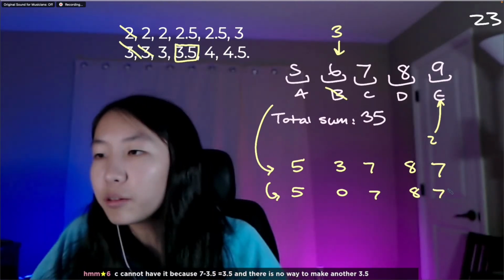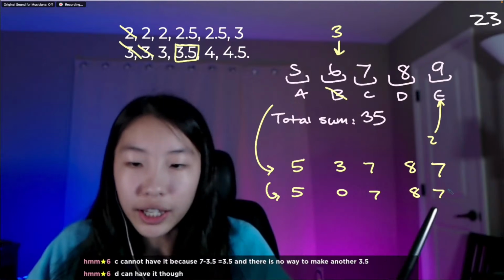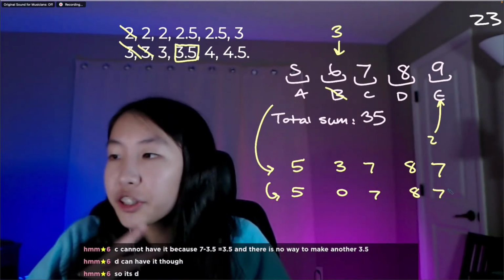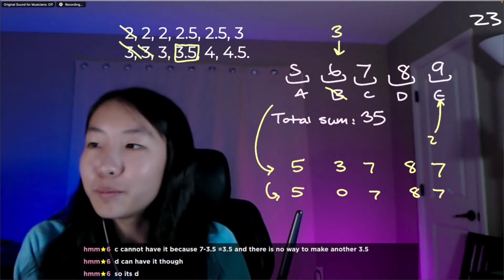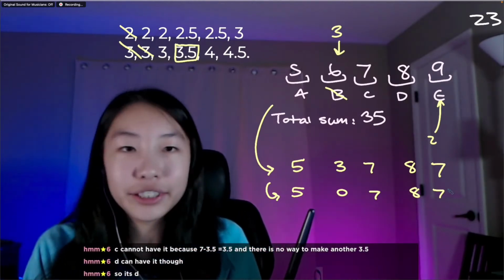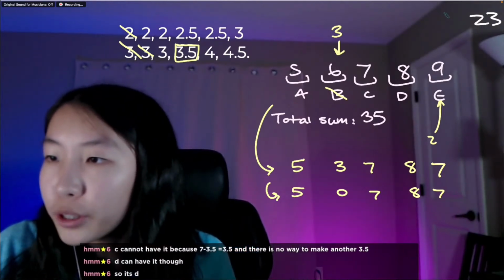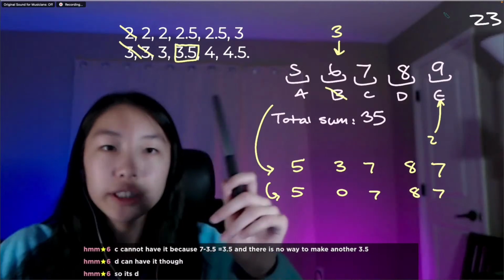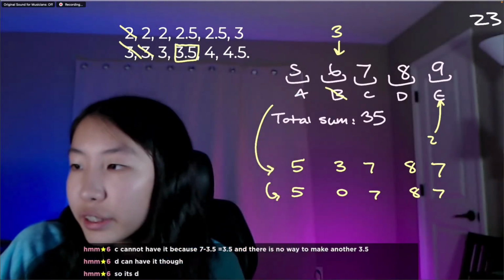So what are we going to do now? Well, let's just try each of these cups individually and see, which is the strategy that is doing in the chat as well. So if we consider cup A, if 3.5 were in here, what do we get left? That's going to give us a 1.5 left. But of course, in this list above, there is no 1.5, so it's not possible to be in cup A either.